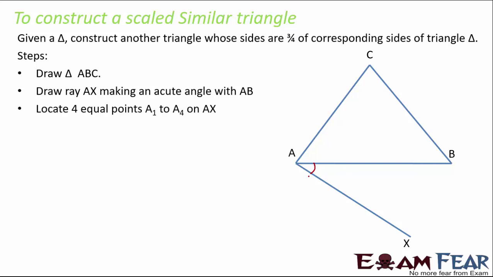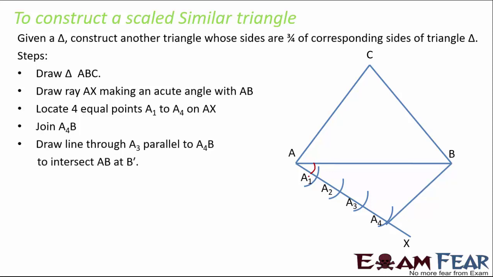Now we locate 4 equal points A1 to A4 on AX, like this, A1, A2, A3 and A4, right? Now we join A4B, just like this. So I'm just talking about the steps right now. Now we draw a line through A3 parallel to A4B to intersect AB at B dash.